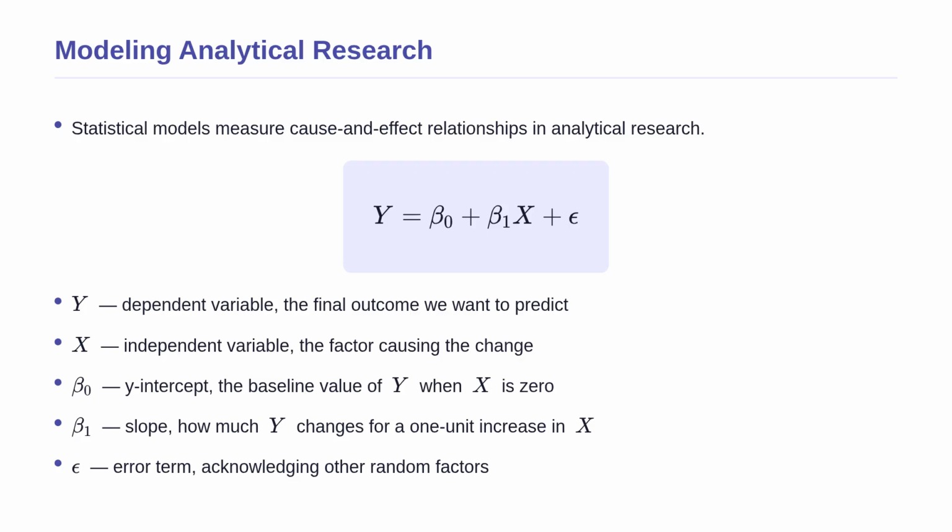Beta 0 is the y-intercept, showing the baseline value of y when x is 0. Beta 1 is the slope, telling us how much y changes for every 1 unit increase in x. Finally, epsilon is the error term, acknowledging that random factors also affect our outcome. If beta 1 increases, the cause and effect relationship is getting stronger.